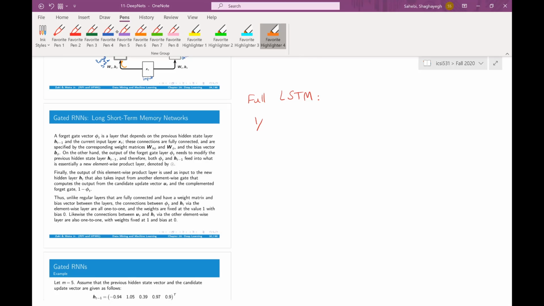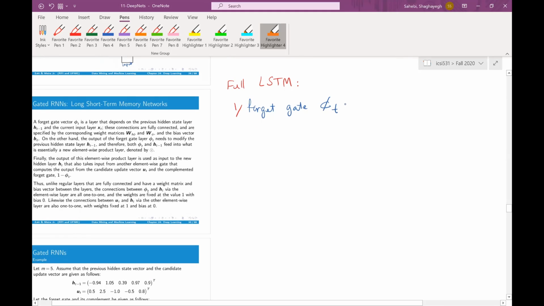One is what we have seen, the forget gate, which is defined as sigmoid of w phi I transpose xt plus w phi h transpose ht minus 1 plus b phi.